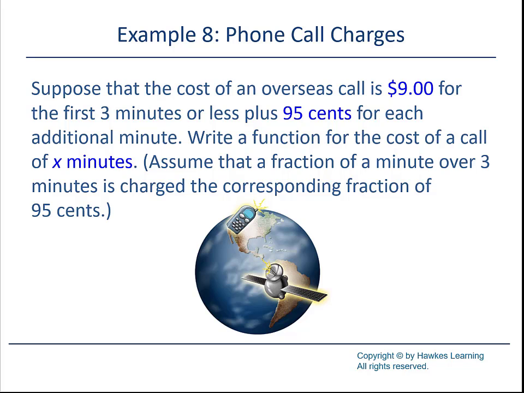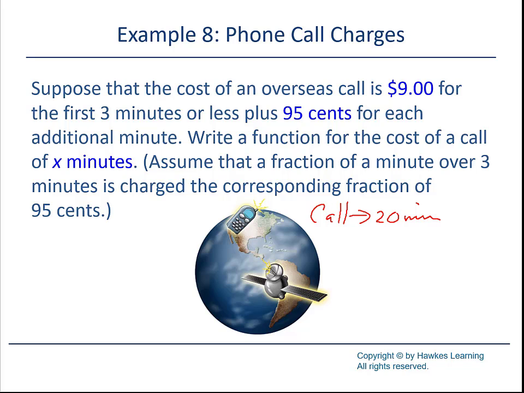So what does that mean? Let's suppose your call is 20 minutes. This gives you an idea of how to put the function together. Now, how would you get the cost?